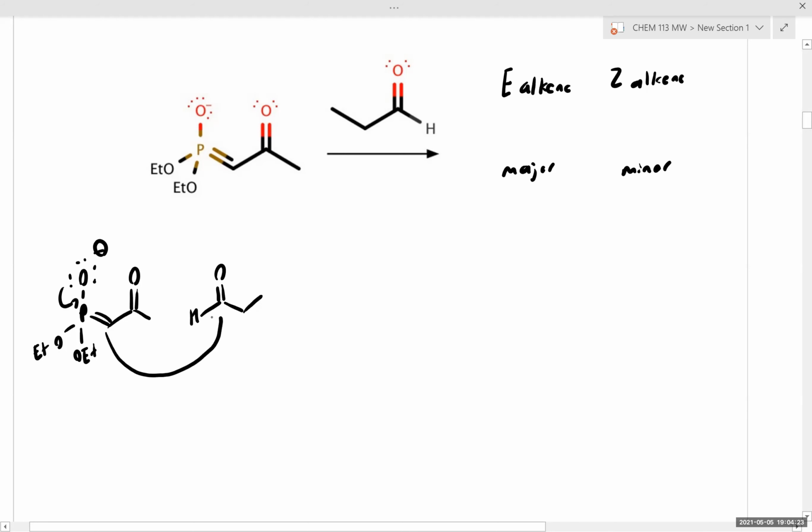And we're going to draw the mechanism first for the major product pathway. From here, after addition, we get the following addition product.